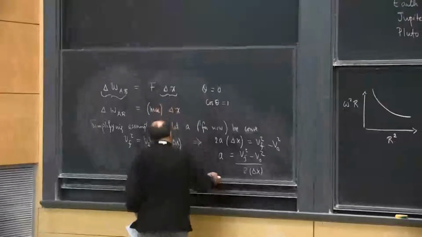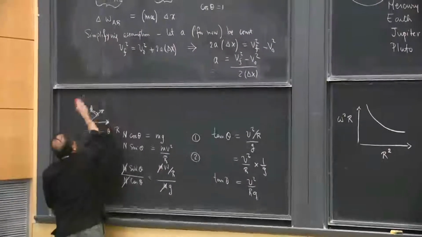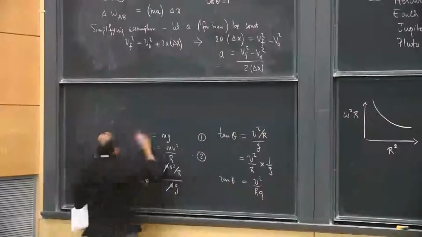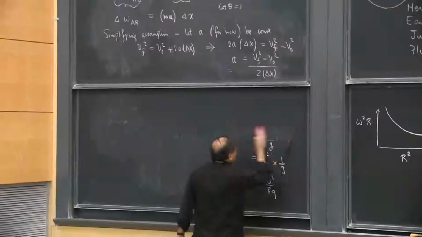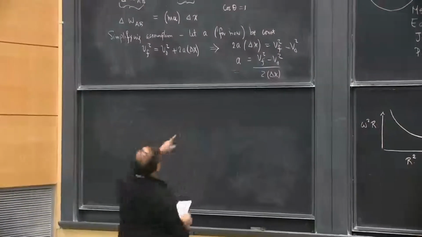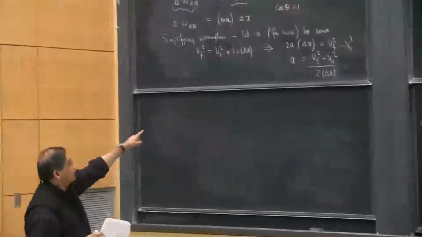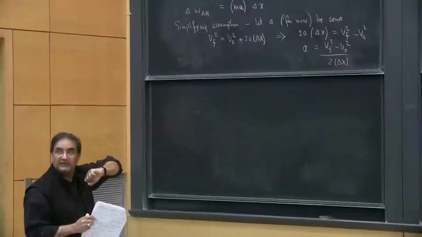Alright. So now you see I have found an expression for acceleration only for the case when the acceleration is constant. If it were not constant, I would have had problems.